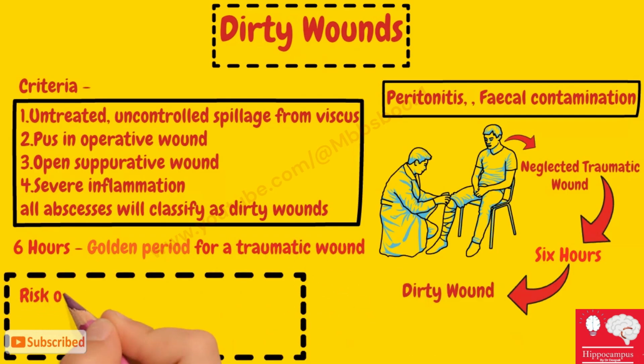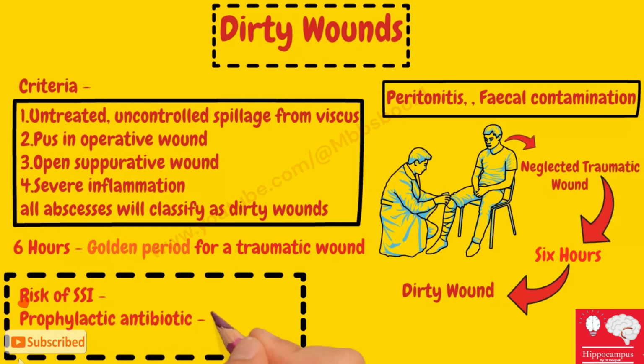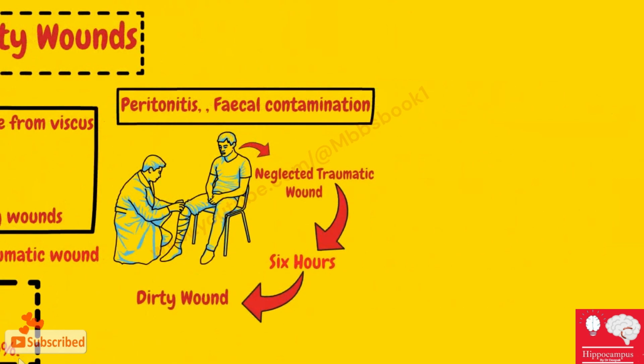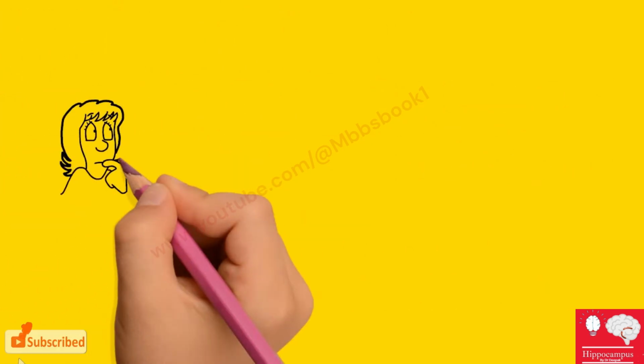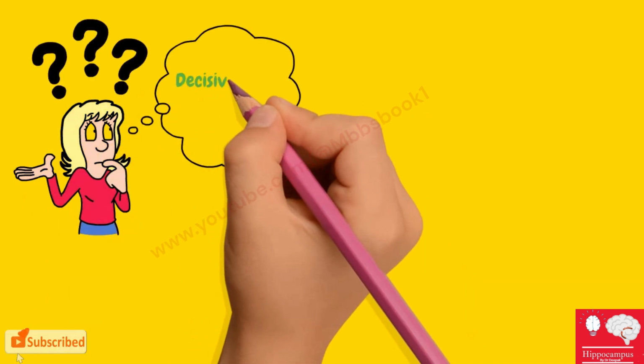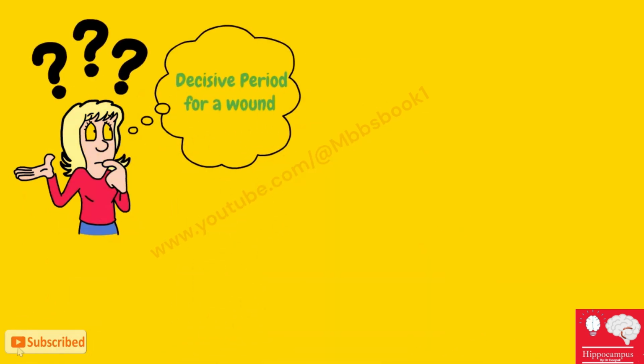Now, the wound infection rate with antibiotic prophylaxis is 7 to 8%, but without antibiotic it is 30 to 40%. So in these patients, we use prophylactic antibiotic, and these antibiotics should be continued in the post-operative period as well. Now, what do you mean by the term decisive period for the wound?